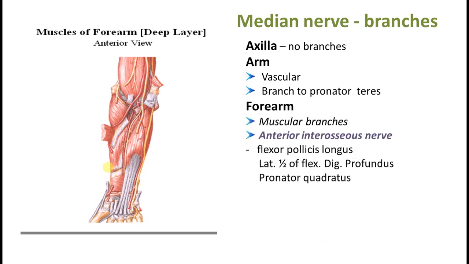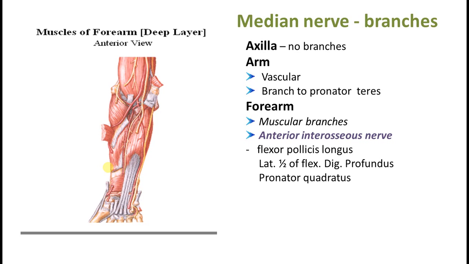So it supplies the pronator teres. Its main supply is in the forearm, the muscular branches, which supply your flexor carpi radialis, palmaris longus, flexor digitorum superficialis, pronator teres. All these muscles it supplies.